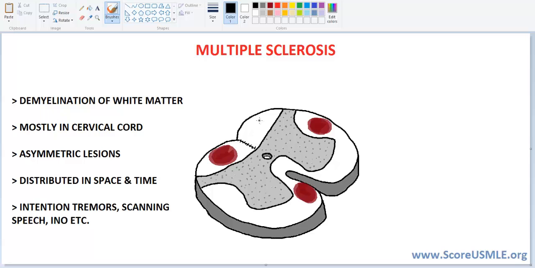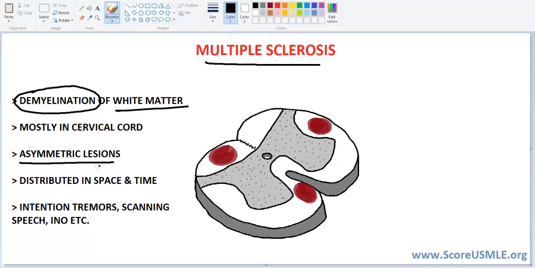Moving on to multiple sclerosis. Now, multiple sclerosis is a disease which causes many lesions in the central nervous system, lesions which cause demyelination of the white matter. Now, it mostly causes asymmetrical lesions in the central nervous system and is often distributed over space and time.